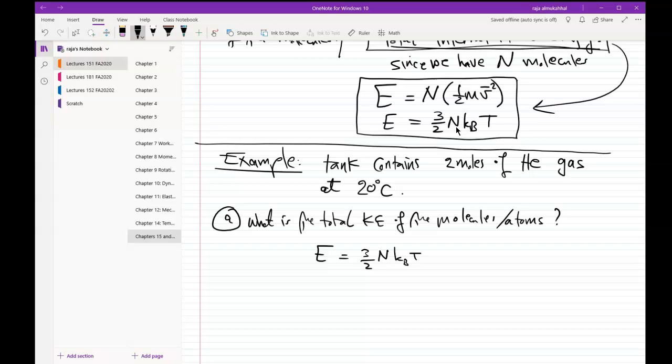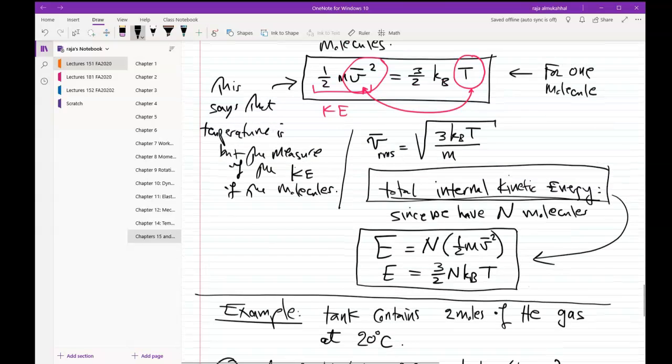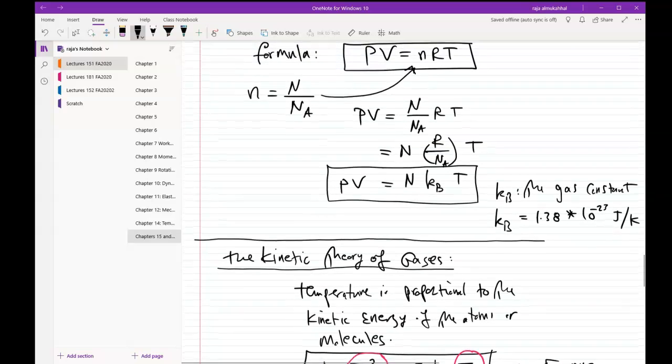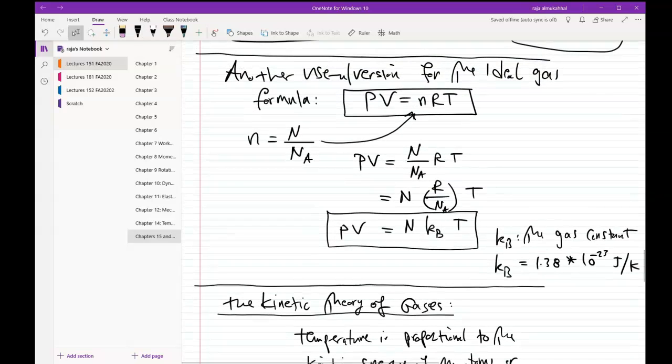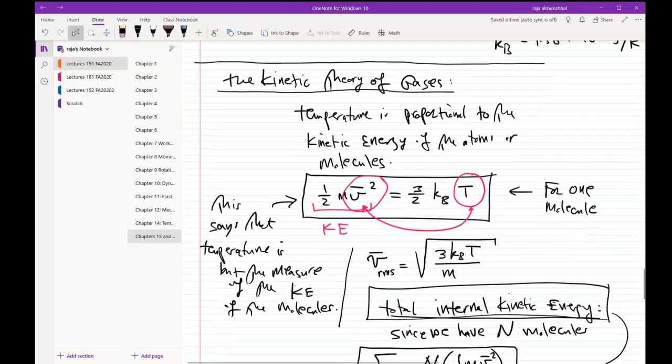Remember we said that N k B T is in the ideal gas law, PV equals nRT or PV equals N k B T. Well, N k B T is right there.